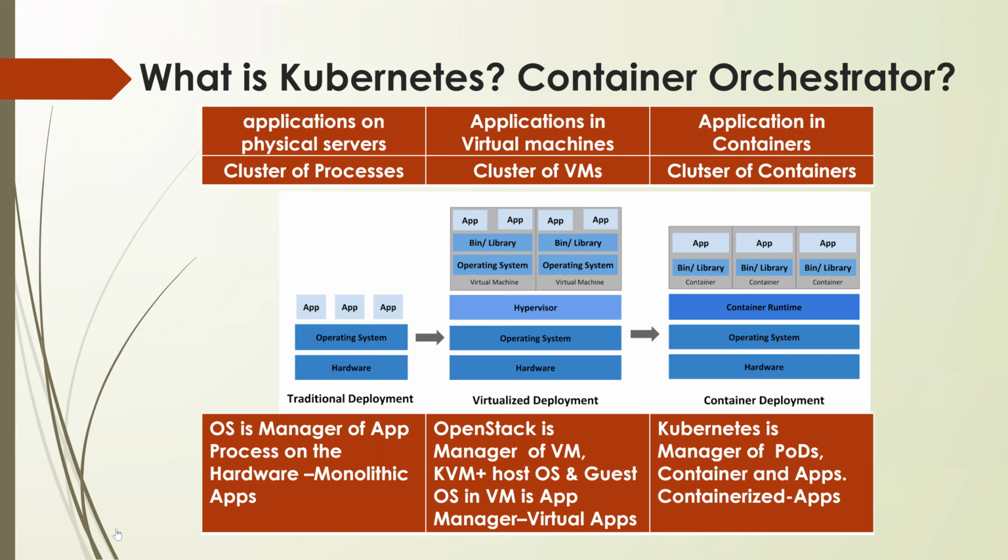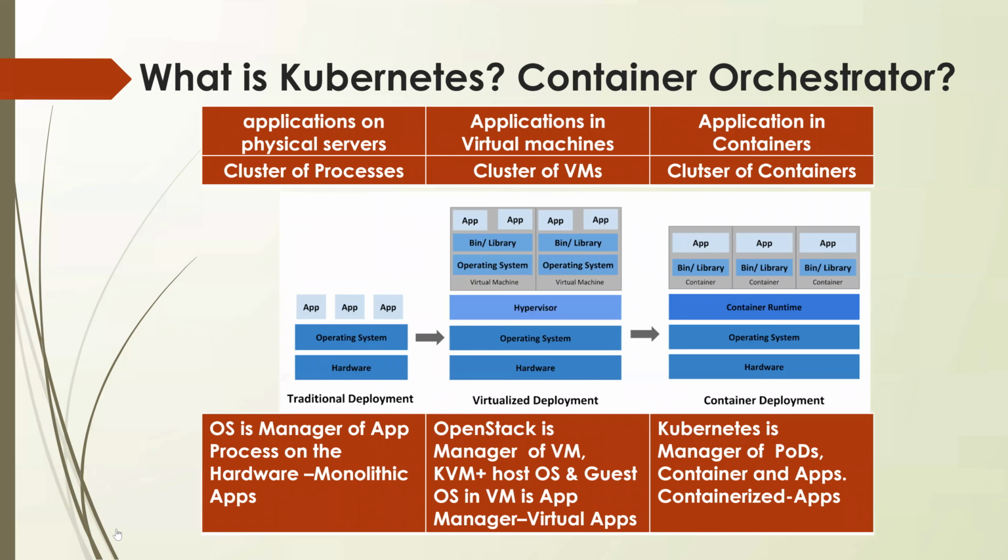If you look at the diagram, you can see that you've got applications which can be run on physical servers, they can be run on virtual machines, they can be run on containers. So basically it's a cloud native application which is being managed by an orchestrator, which is Kubernetes.